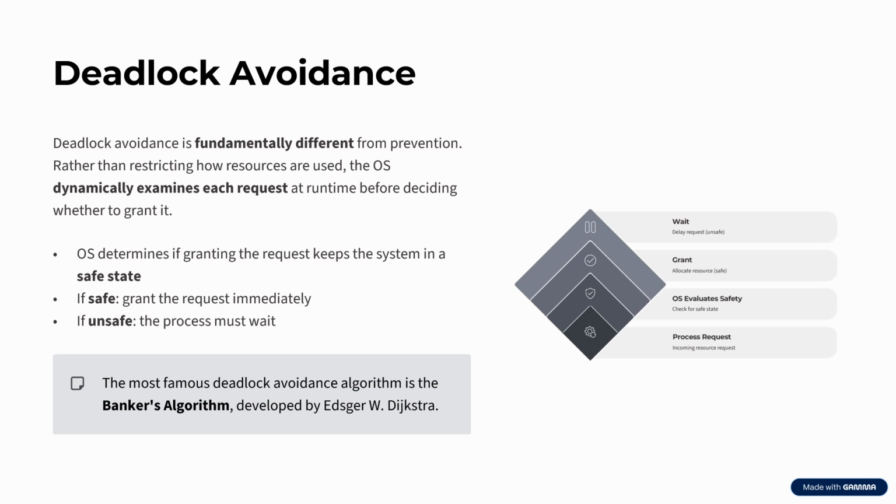Rather than restricting how resources are used, the OS dynamically examines each request at runtime before deciding whether to grant it. The OS determines if granting the request keeps the system in a safe state. Safe, grant the request immediately. Unsafe, the process must wait. The most famous deadlock avoidance algorithm is the Banker's algorithm, which was developed by Dijkstra.